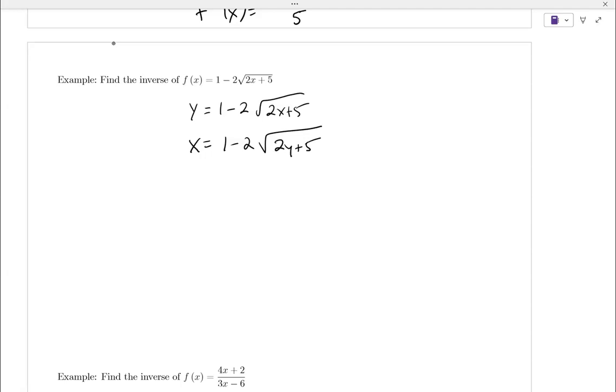Oh, so I got a 1 minus 2 times something, right? So what do I want to do with the 1 first? Yeah, let's subtract it. And then what? We can divide by the negative 2 is perfectly fine.